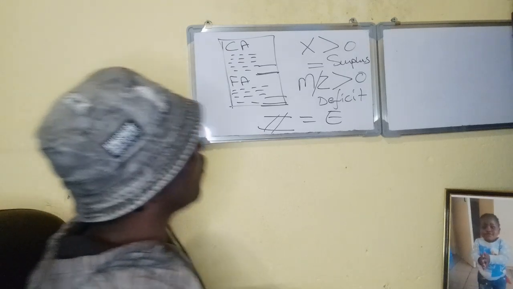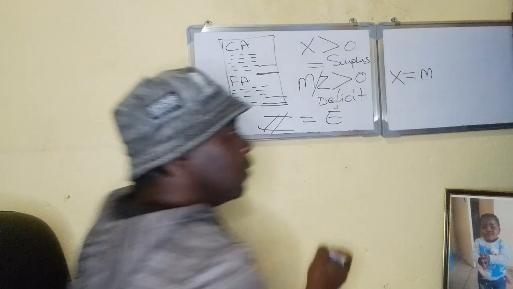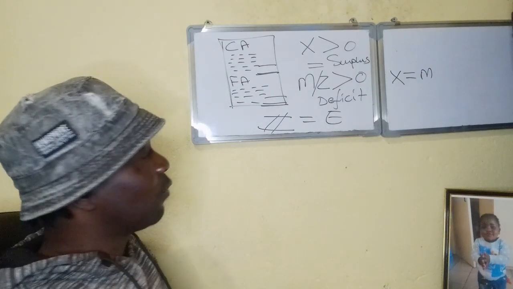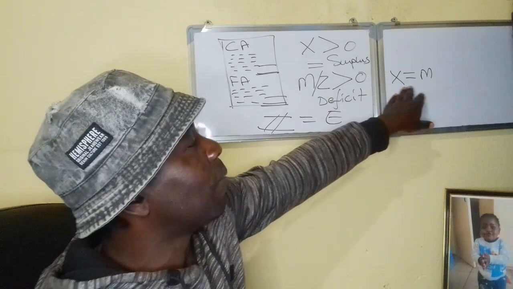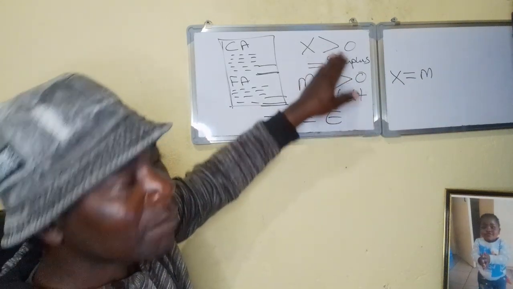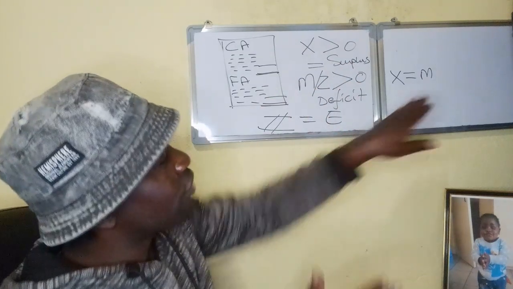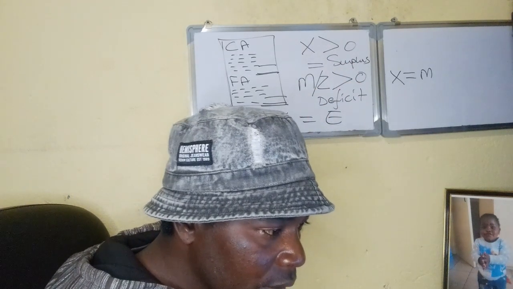Okay? That's when exports are equal to imports. You have a BOP equilibrium. Our objective is to try to play around the equilibrium. Sometimes we can be in deficit, it's okay. We can be in surplus, it's okay. But we're trying to play very close to the equilibrium. Okay?